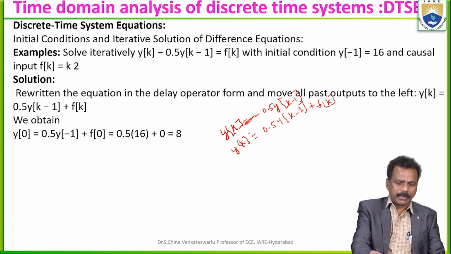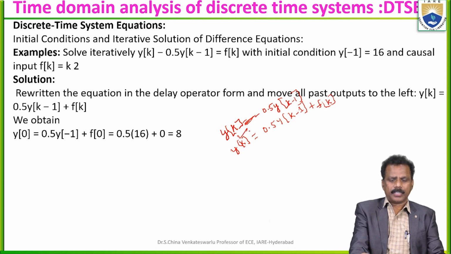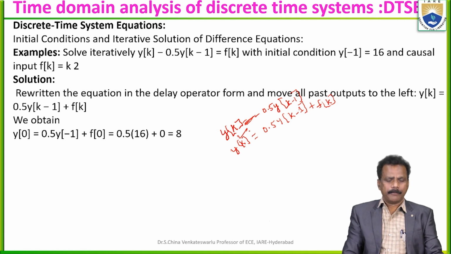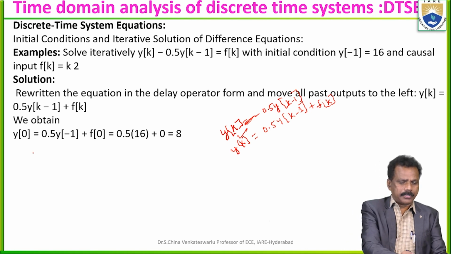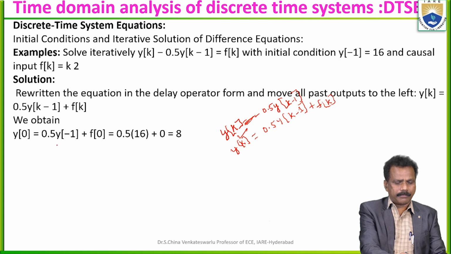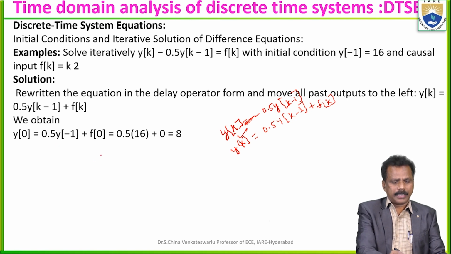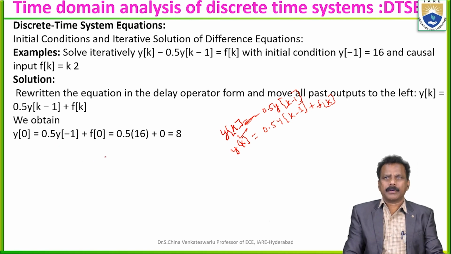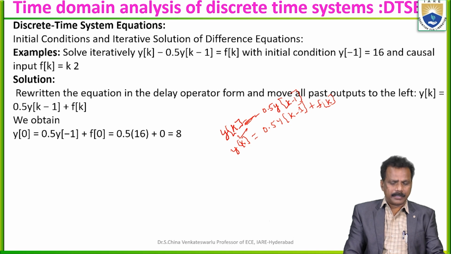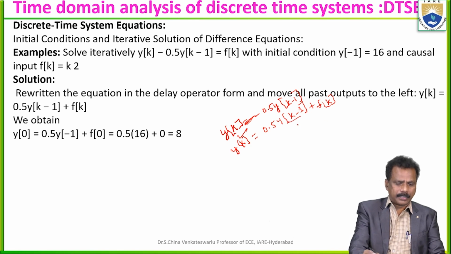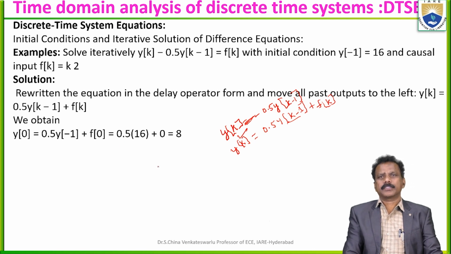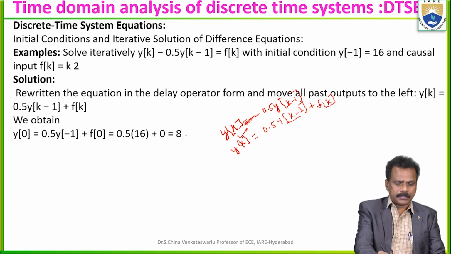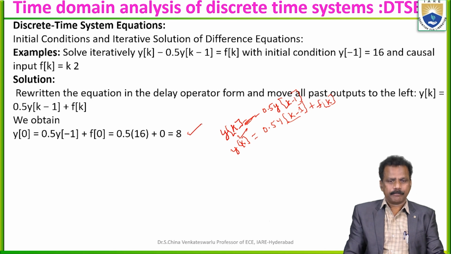y of 0 is equal to, where the k value is substituted, k equal to 0. So y of 0 equal to 0.5 y of minus 1 plus f of 0, that is 0.5 into 16 plus 0, which easily calculates to 8.